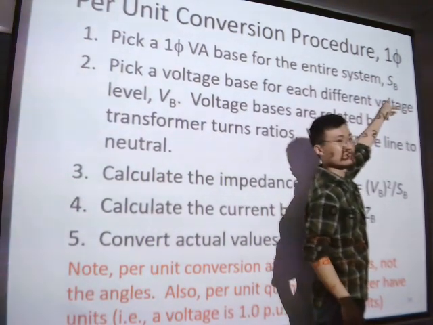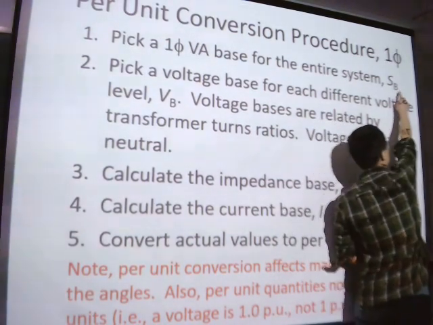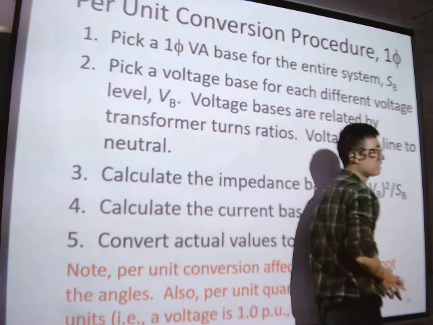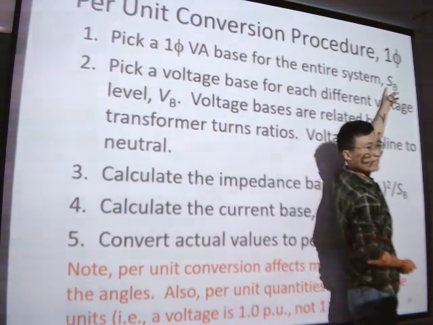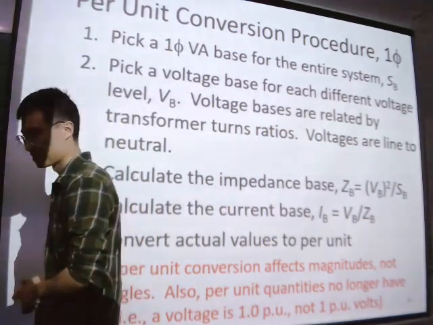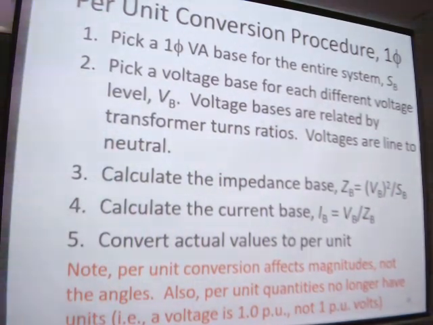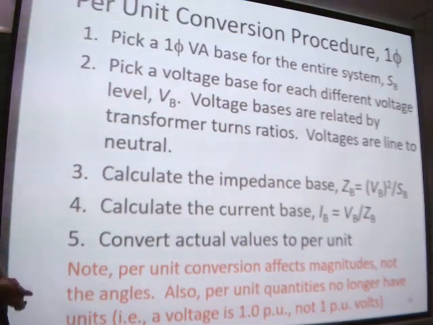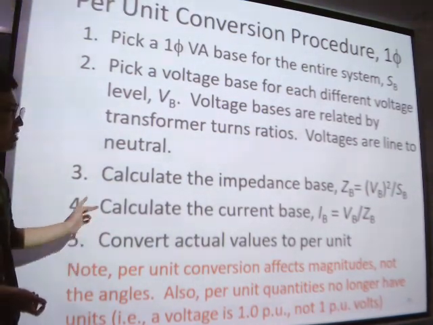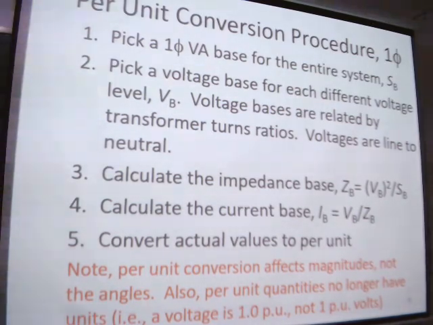The subscript B is the base. So what is the S here, uppercase? Power. Yes, complex power, okay? We still remember the complex power is commonly used in per unit analysis, okay?